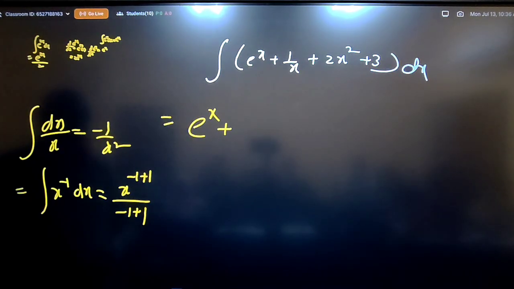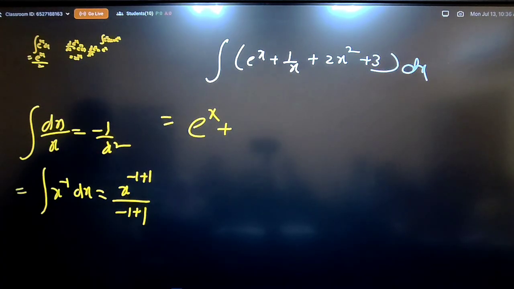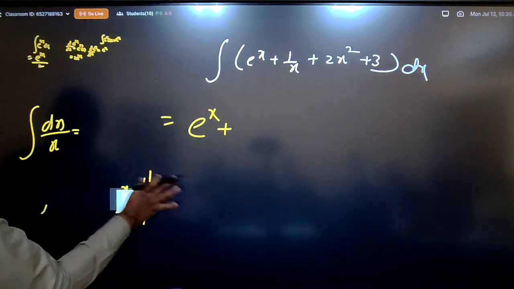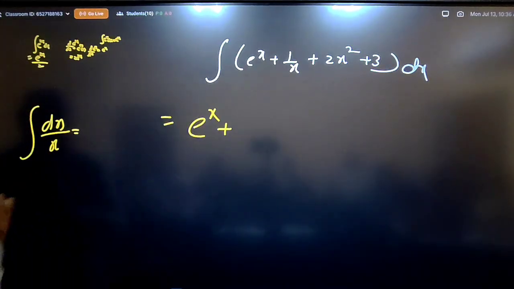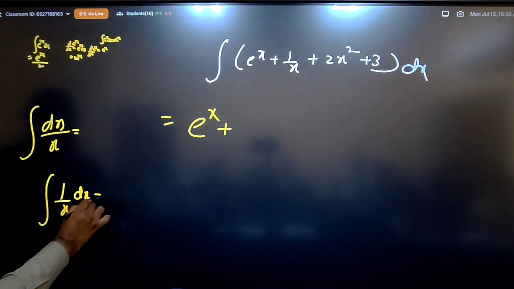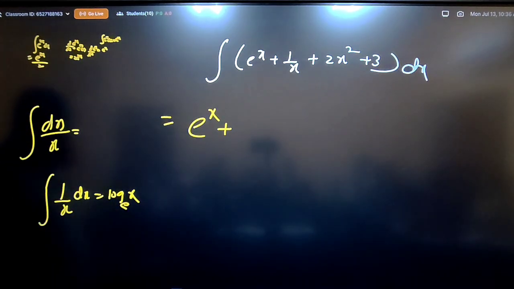Integration of x power minus 1 is going to be n plus 1, yes, correct. So here, integration of 1 by x into dx can be taken as log x base e, reverse to that of differentiation.